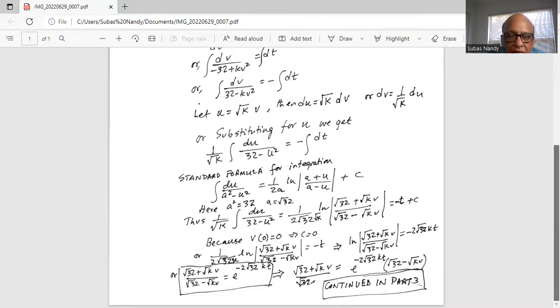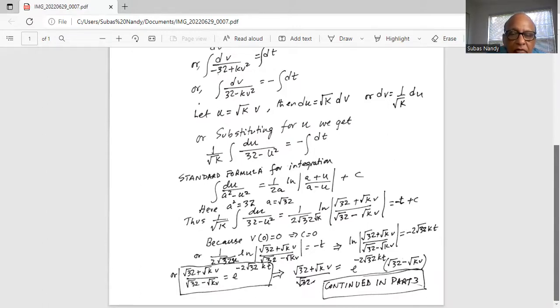And now we will multiply by 2 square root of 32 on both sides, and we will get ln absolute value of square root of 32 plus square root of k times v divided by square root of 32 minus square root of k times v, absolute value, is equal to minus 2 square root of 32k times t, because we are multiplying by 2 square root of 32 on both sides.